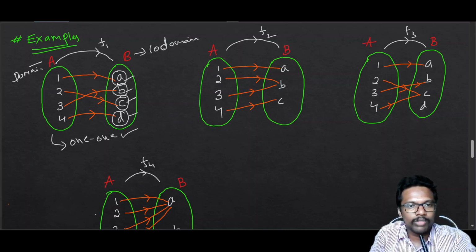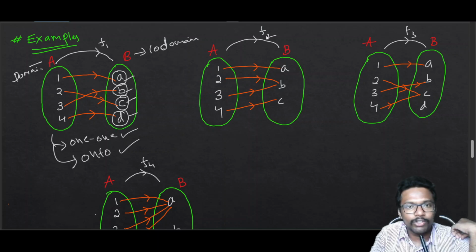Pre-image means there should be an arrow mark coming from A. So 1 becomes the pre-image to A, 2 becomes the pre-image to C, 3 becomes the pre-image to B, and 4 becomes the pre-image to D. Now every element of B has at least one pre-image. At least one pre-image means minimum there should be one pre-image. So 4 elements have a pre-image each, so it is satisfying the onto definition. So we can call it an onto function. So now f1 is both one-one and onto.